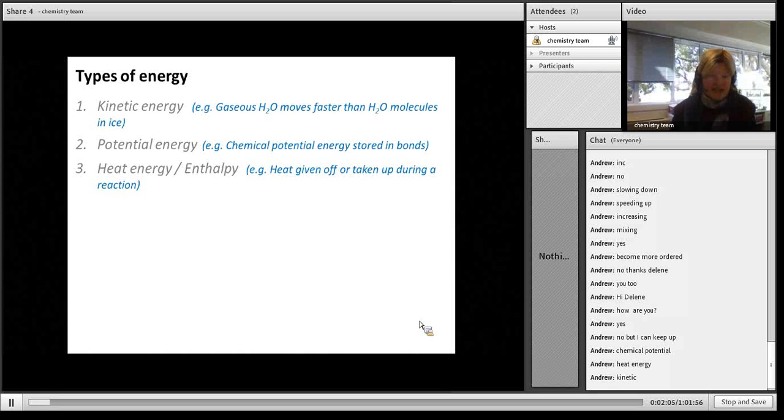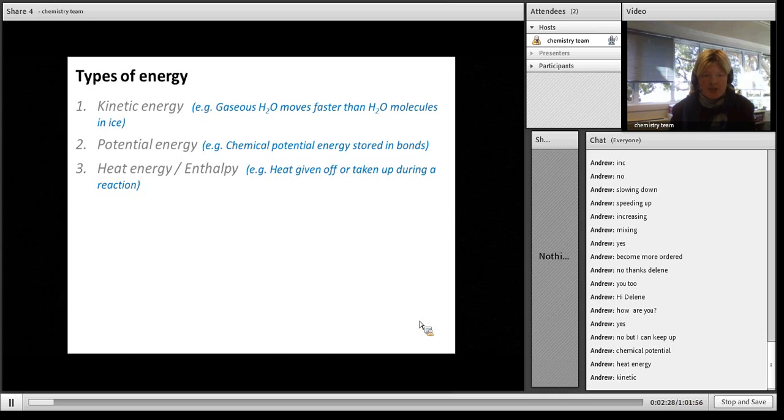So that's the kinetic energy. They've got more kinetic energy. Potential energy, that's that energy bound up in the bonds. And then of course the heat energy. We can either add heat to water to make it melt, to go into a liquid and so on, or heat can be given off when that potential energy bound up in the bonds gets released.